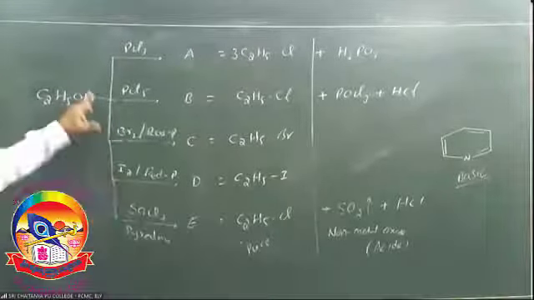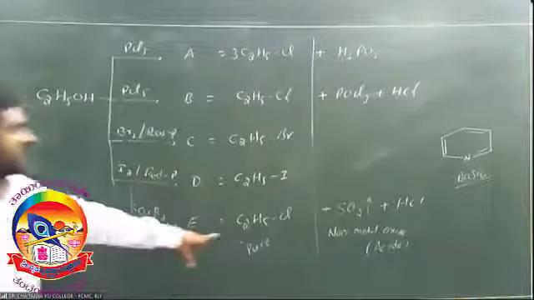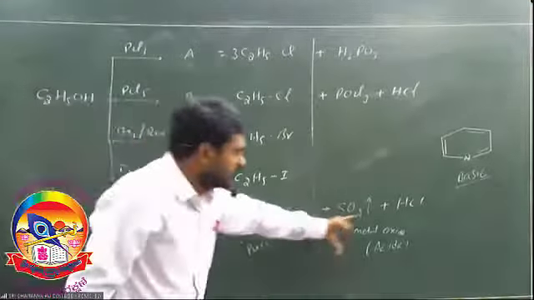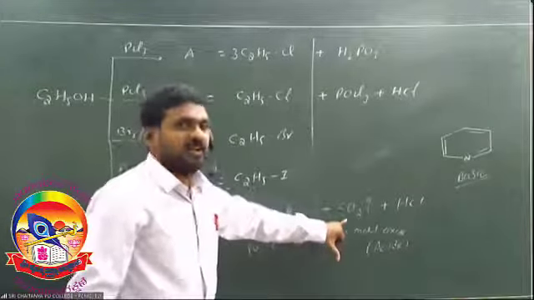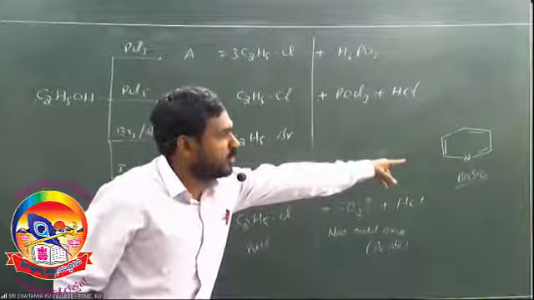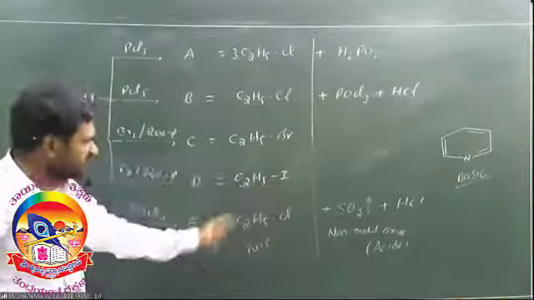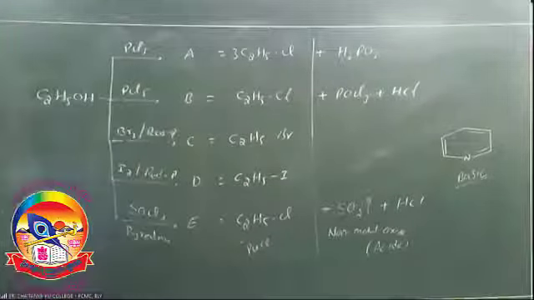When ethyl alcohol is treated with SOCl2 in the presence of pyridine, because both the impurities are acidic in nature and are removed by pyridine, only ethyl chloride is left. These are the methods of preparation of ethyl chloride, completed in the last class, last week.